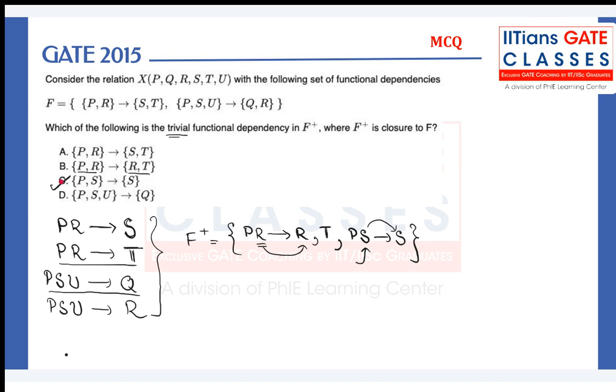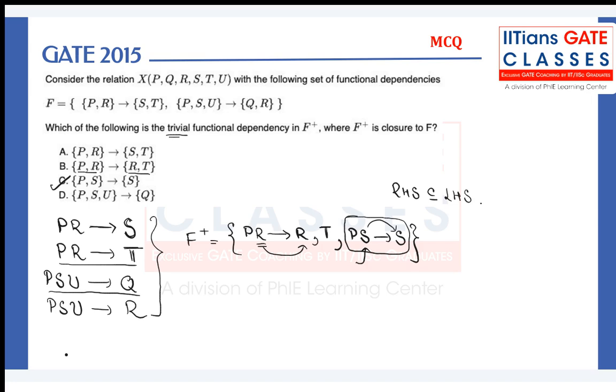Trivial functional dependency means if you have a functional dependency where your RHS is a subset of LHS, it is called a trivial functional dependency. Is it clear?